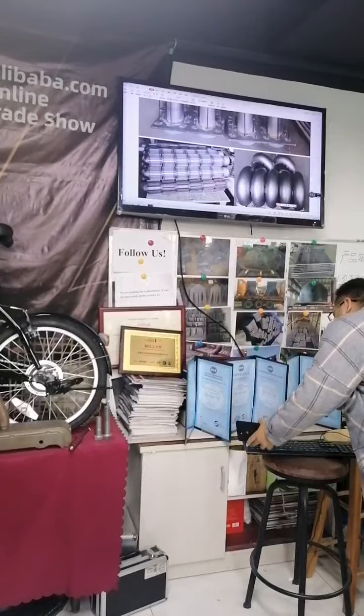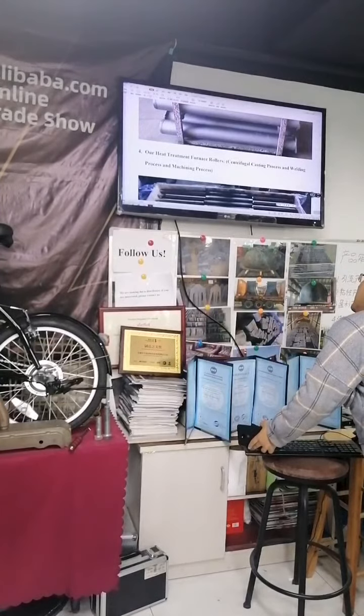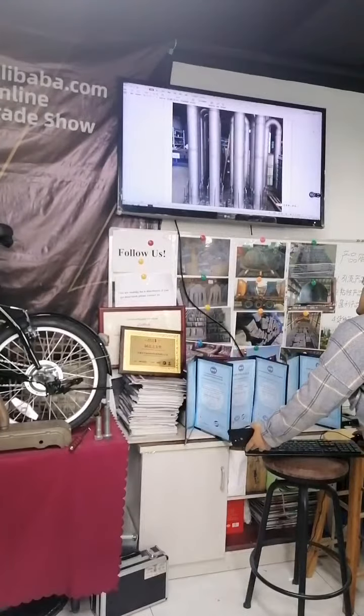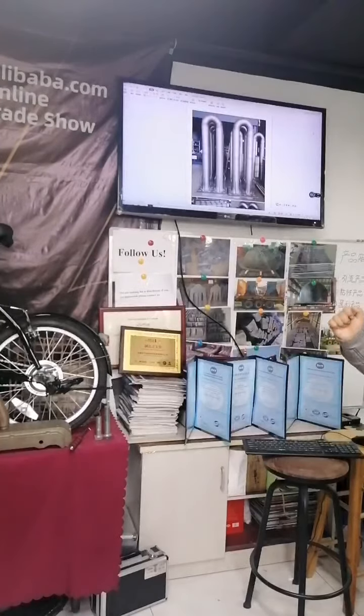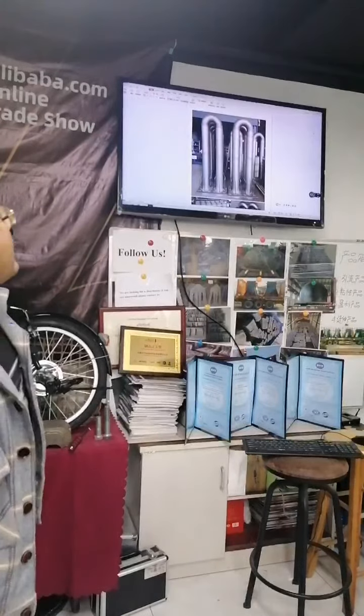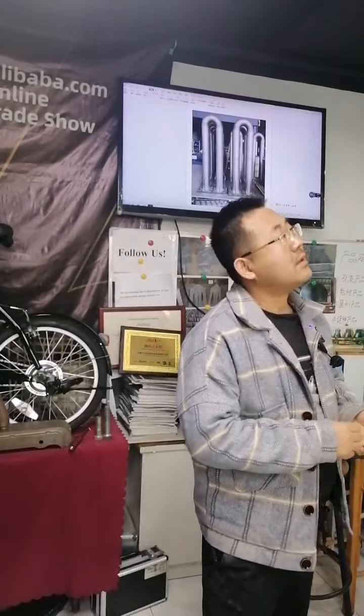The first one is our radiant tubes, like this. This material is 1.4849. The long side is about 2000 millimeters, the OD is about 189, and the ID is about 138.